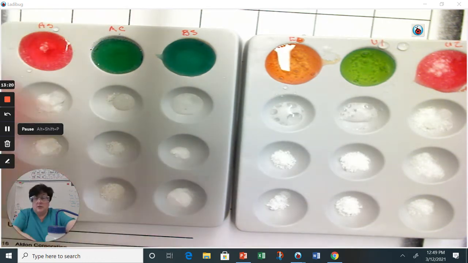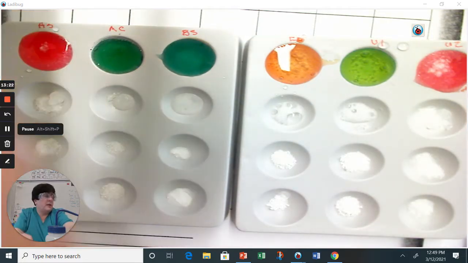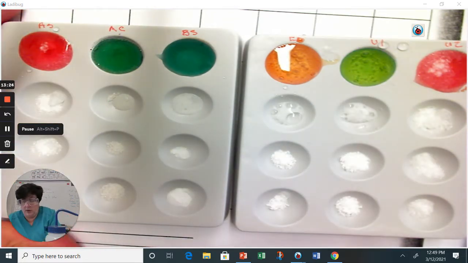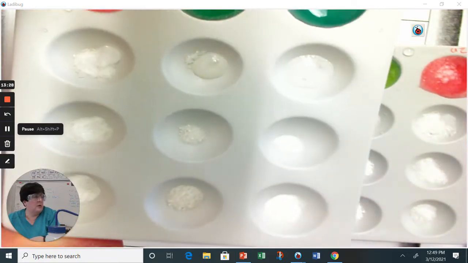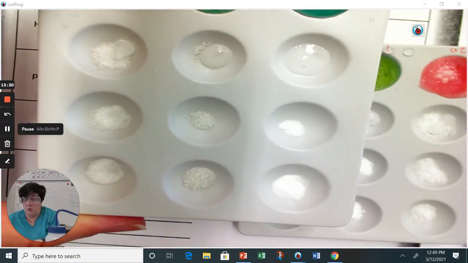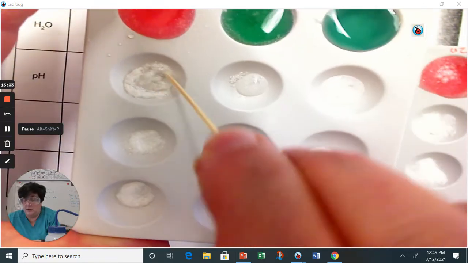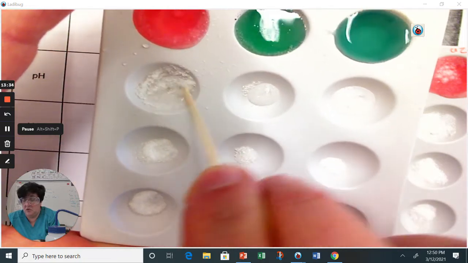You might say it's really difficult to tell because it's a white background with the well plate. I'm going to see if I can pull these up a little bit closer so you can have a little bit more. I'm going to stir this. There's no bubbling.